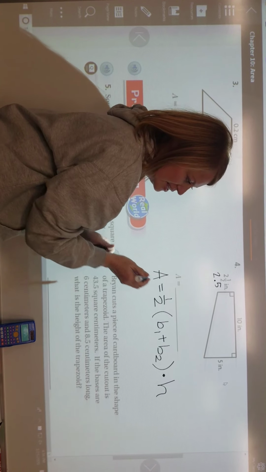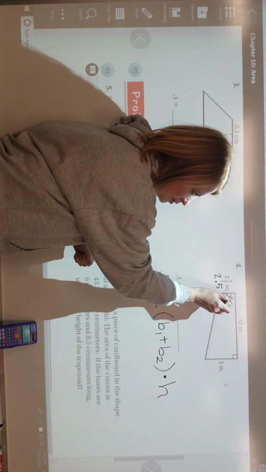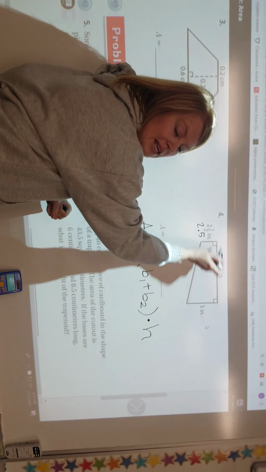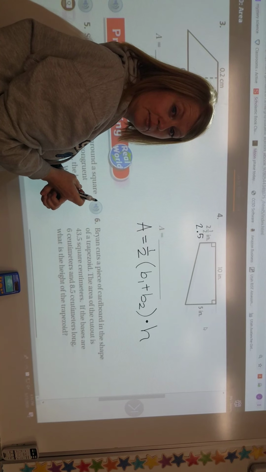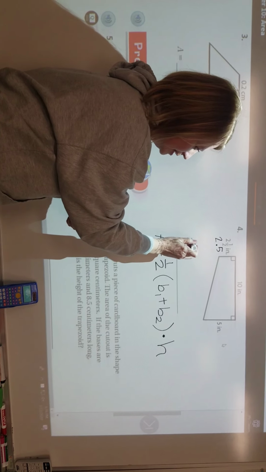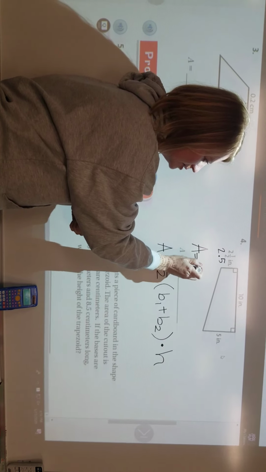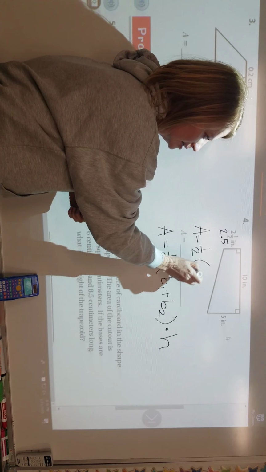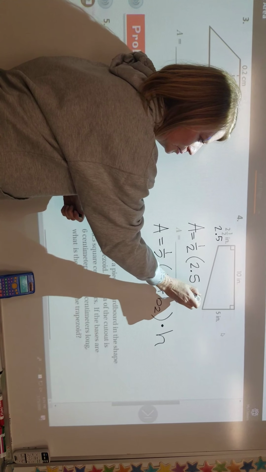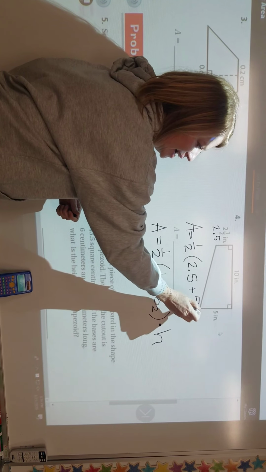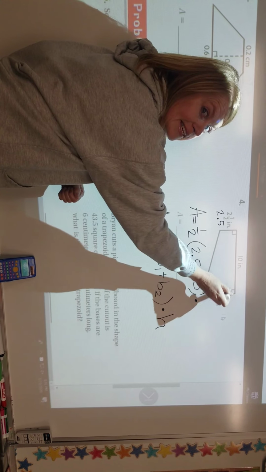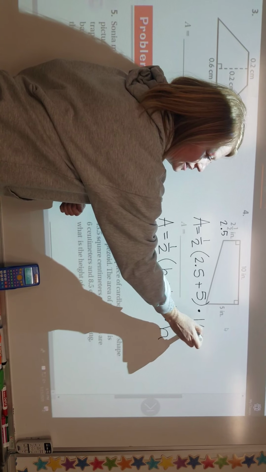Okay, so I'm just going to start substituting things in. Here's both of my bases, and this shows me the height of my trapezoid. The height is the distance between both of the bases. So when I substitute that in, I'm going to have area equals 1/2 times base 1, we're going to use 2.5, plus base 2 is 5, times the height, the distance between the bases, is 10.